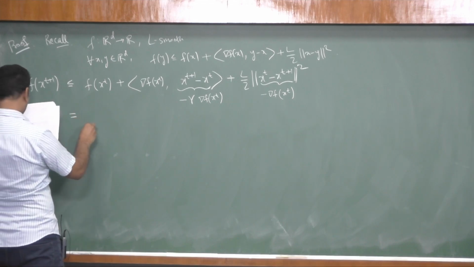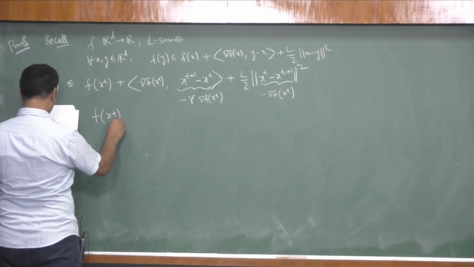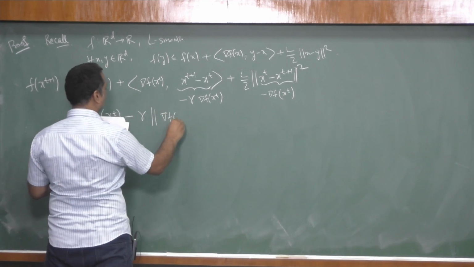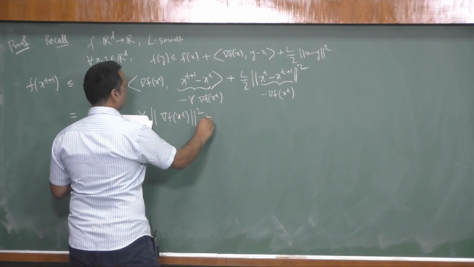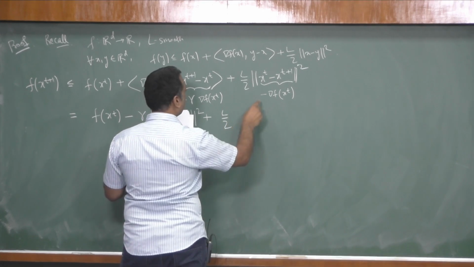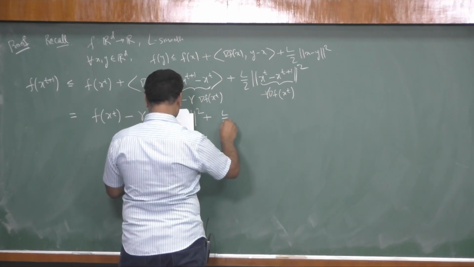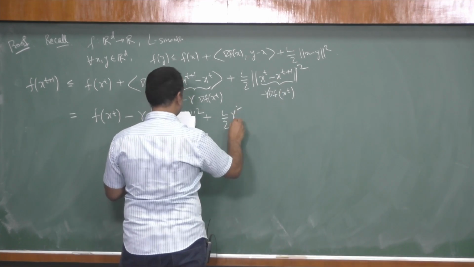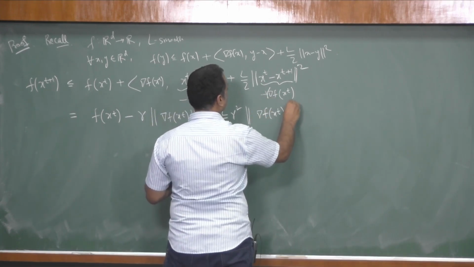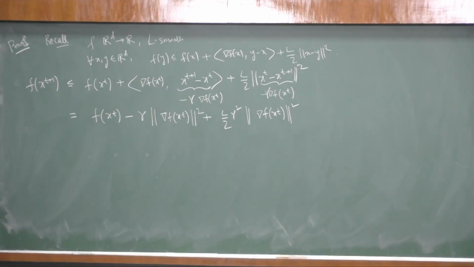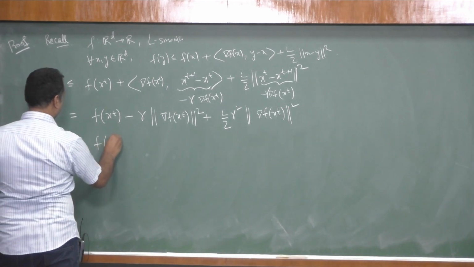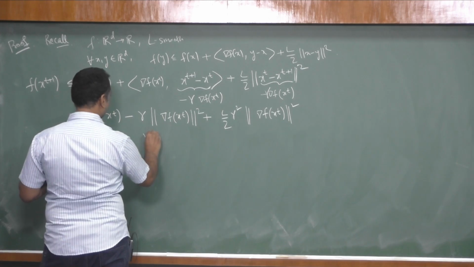So in the first step, minus gamma I took out, and this is norm grad f(x_t) squared, plus L by 2 gamma squared, because there is a norm squared here, and the grad f(x_t) term remains, squared. Now we take this grad f(x_t) common, obviously, so this is f(x_t) minus gamma by 2.